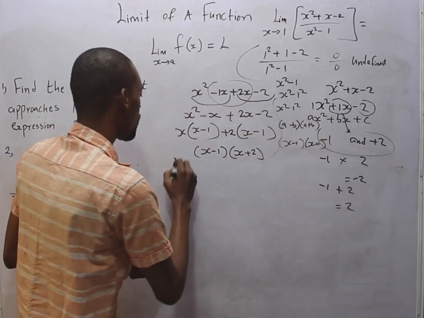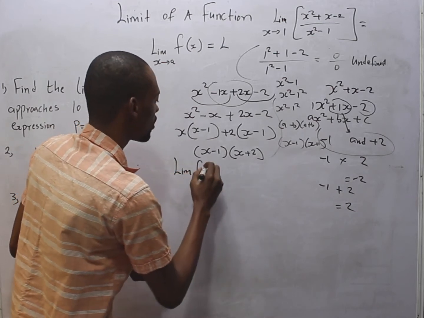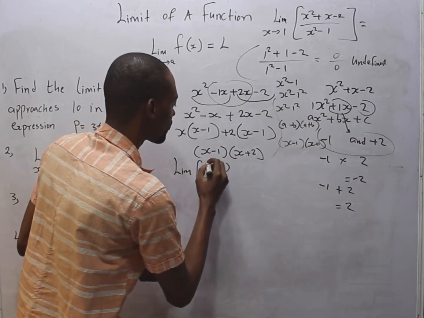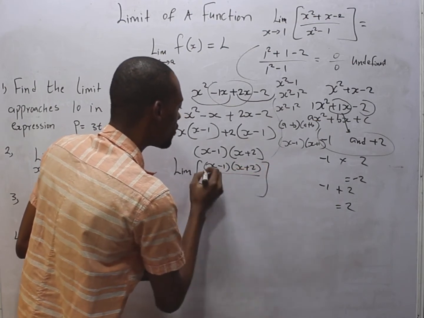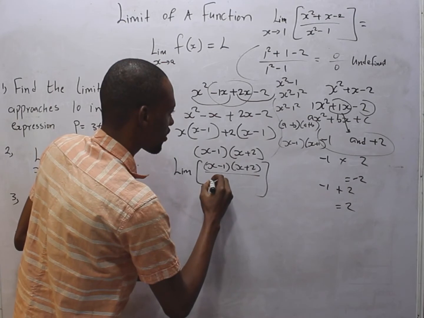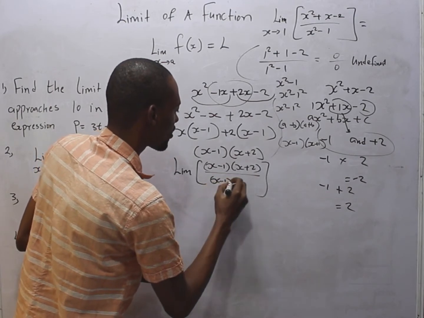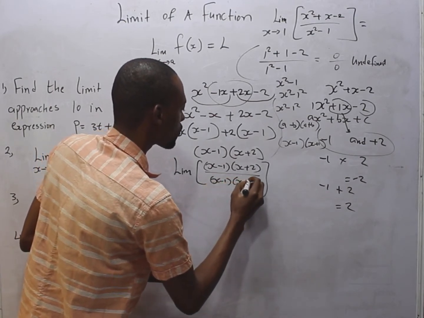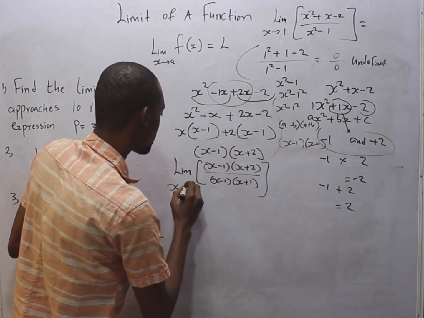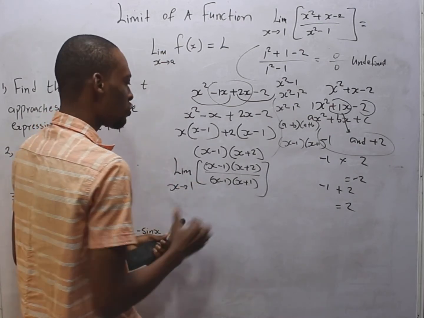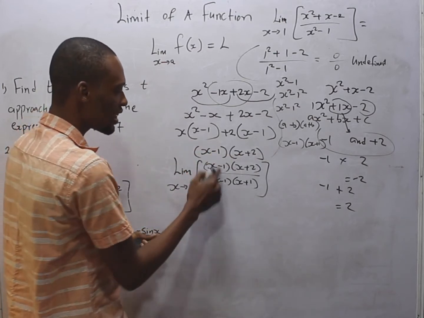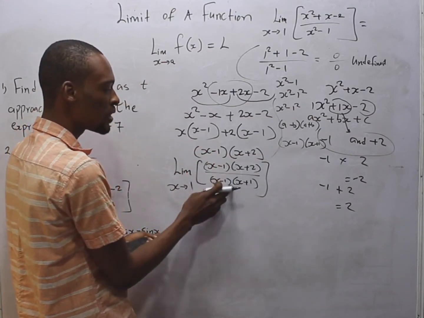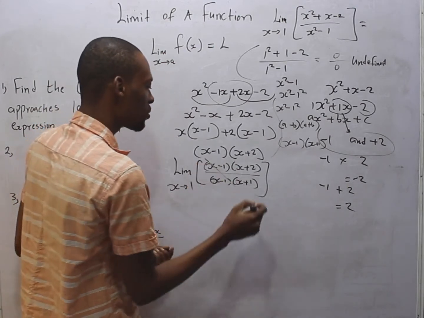The function becomes the limit of S minus 1, S plus 2, all over S minus 1, S plus 1, as S tends to 1. So we've simplified now. Look at the numerator and denominator. This and this are similar, and it's multiplication holding them, so we can simply cancel this.